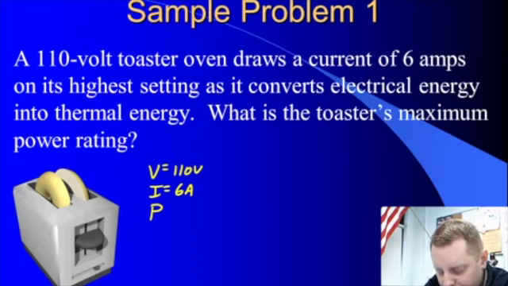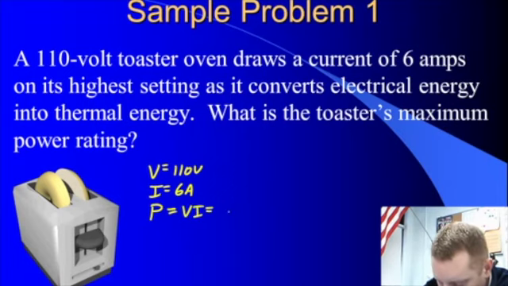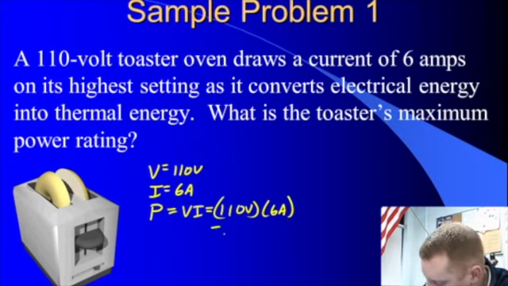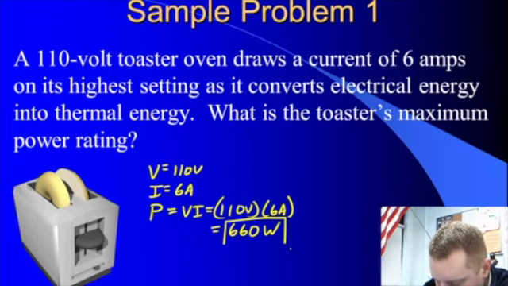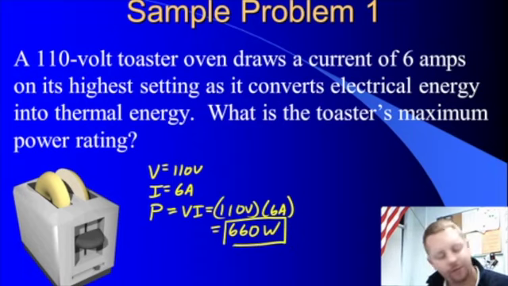Since I know potential difference and current flow, I can say that power is just potential difference times current flow: 110 volts times 6 amps, which is going to be 660 watts. Very straightforward calculation. Let's check out another one.